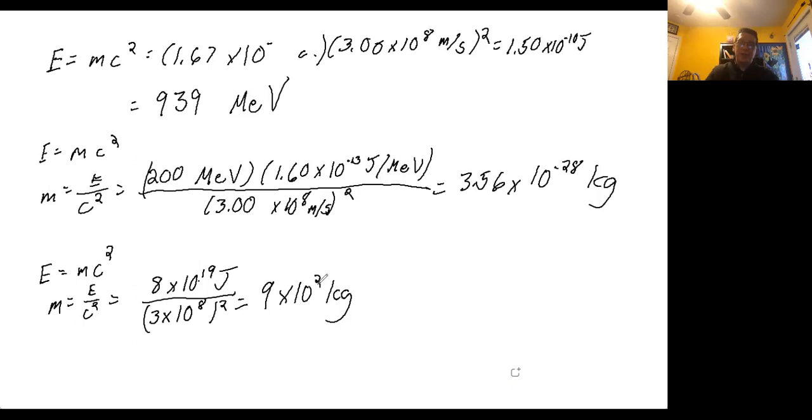So 900 kilograms it would take. Not necessarily that big of a number. And it's basically the mass of about 6 people. If you converted all of that mass to energy, you could fuel the United States for a year.